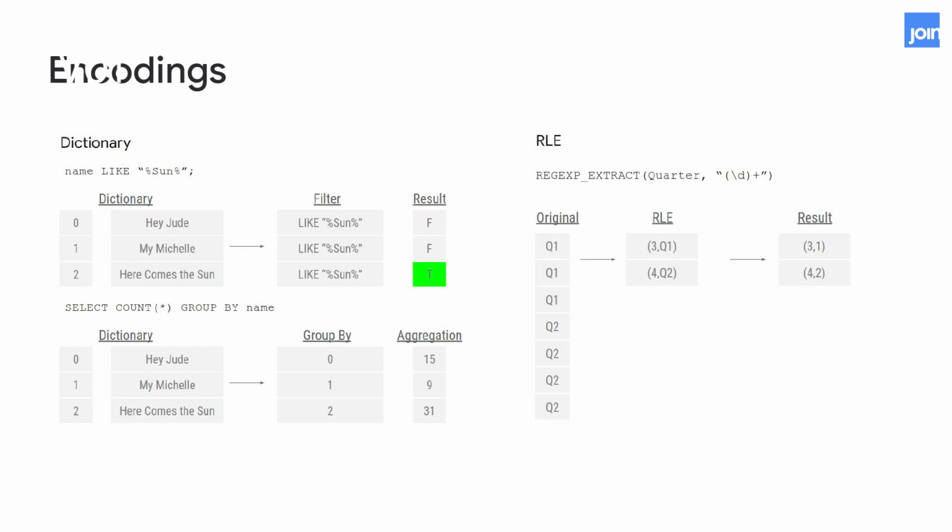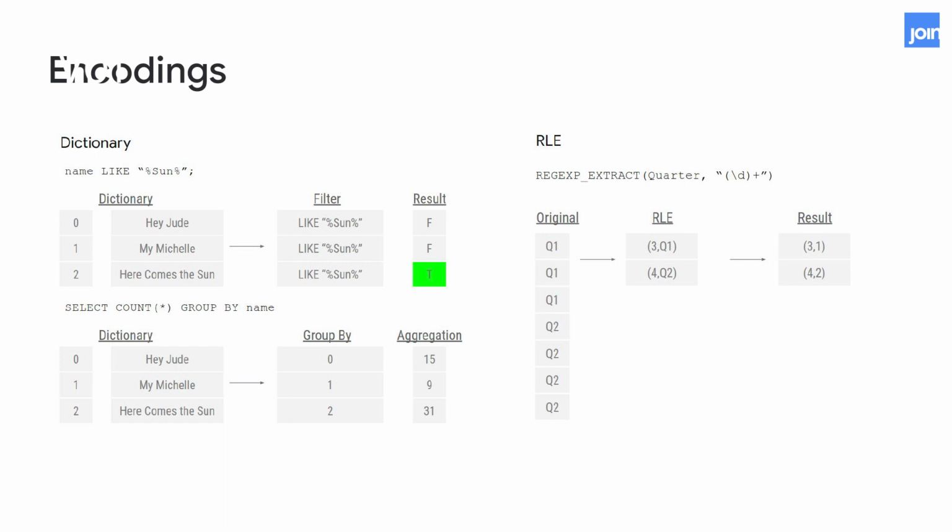In this example, only 3. And then we remember the result and just apply the result. Likewise, we can take advantage of dictionary encoding in group by and aggregation calculations. RLE is also similar because run length encoding means you have the same value repeated many times together.